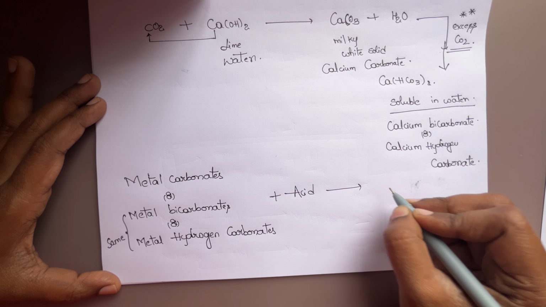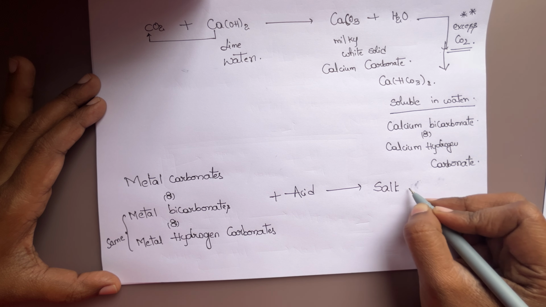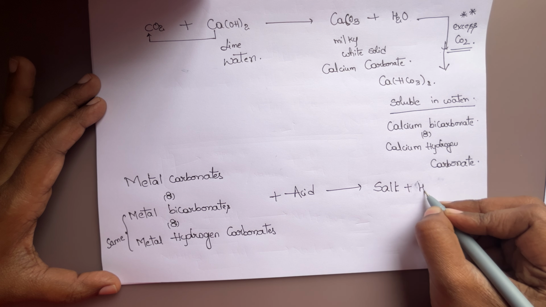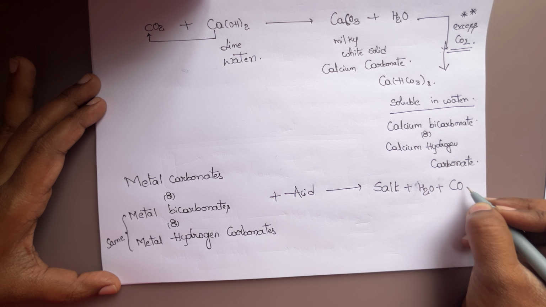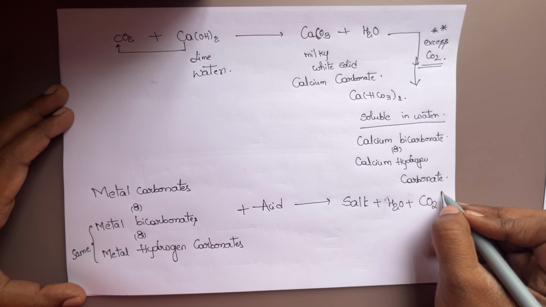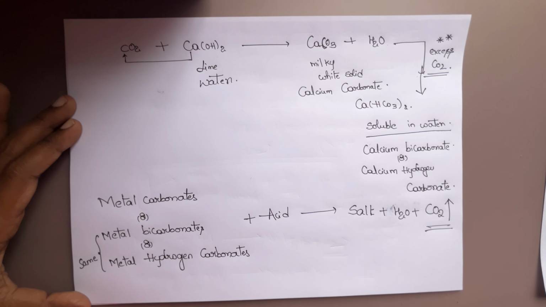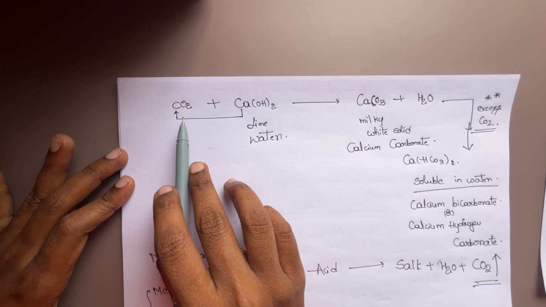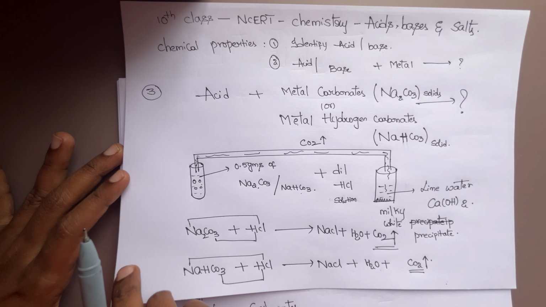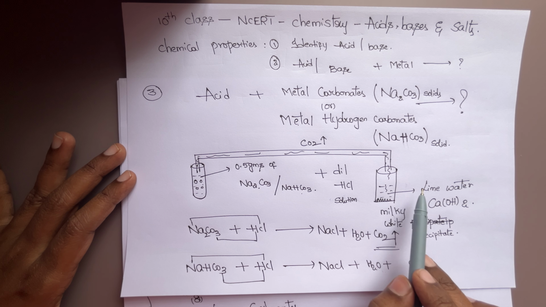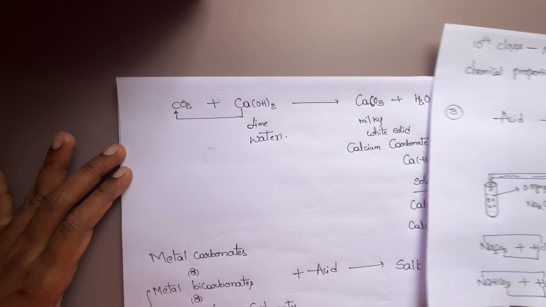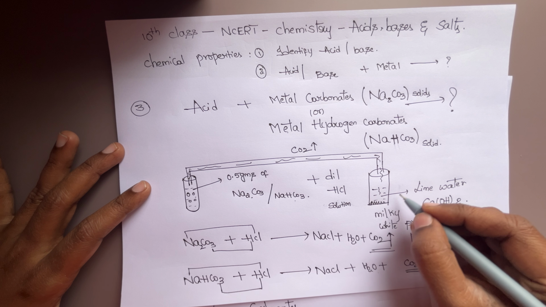Salt plus water plus carbon dioxide is released. This is very important. And whenever carbon dioxide is produced, like from this experiment, we send that carbon dioxide into the lime water beaker.